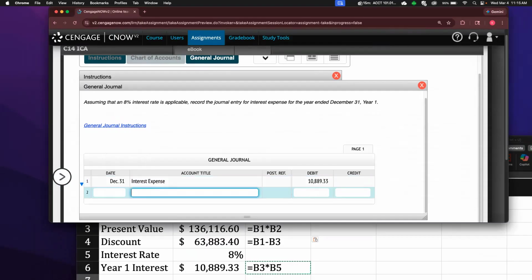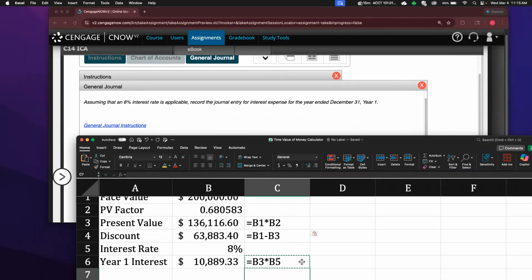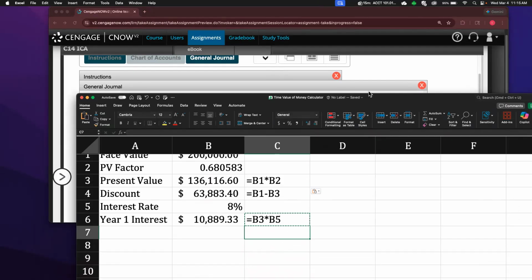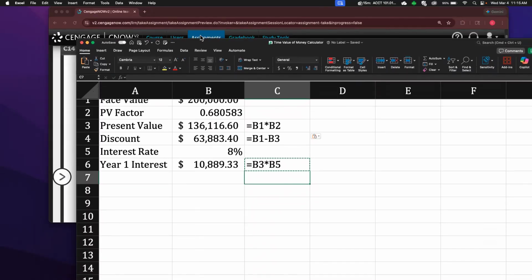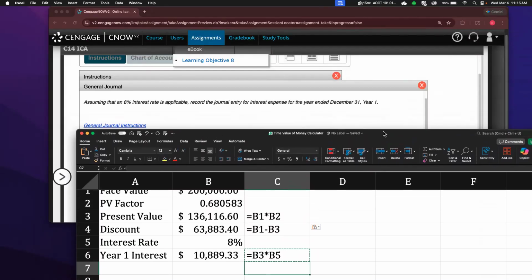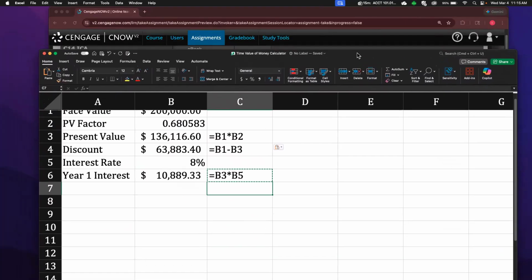And then discount on notes payable for that same amount. Okay.